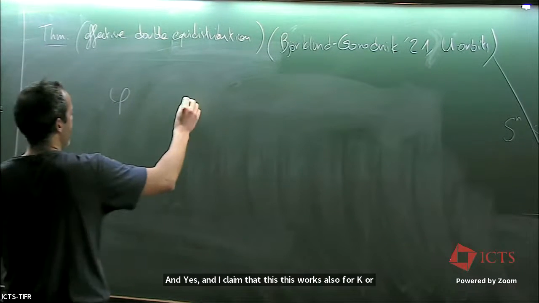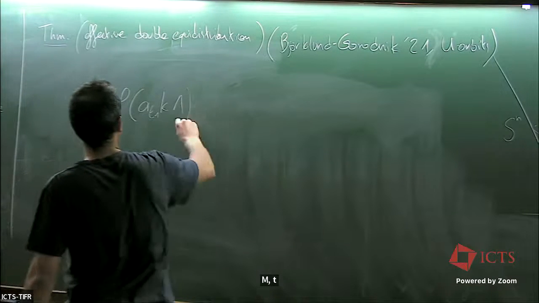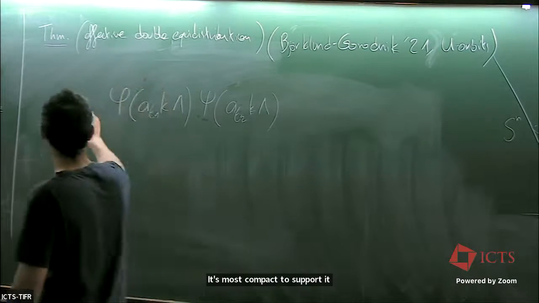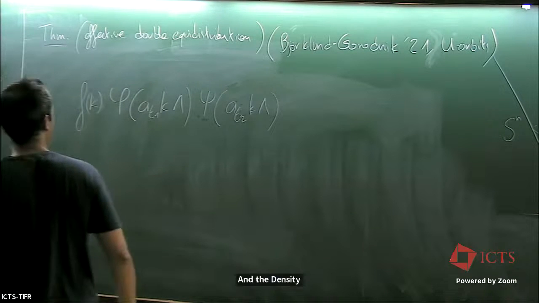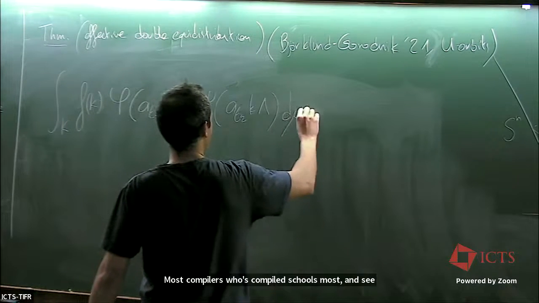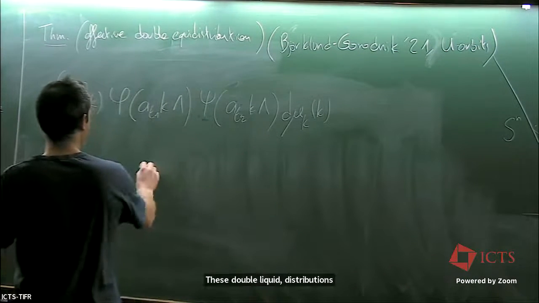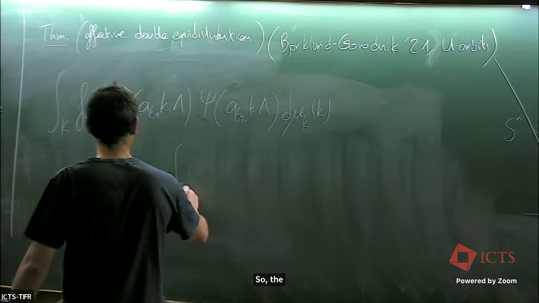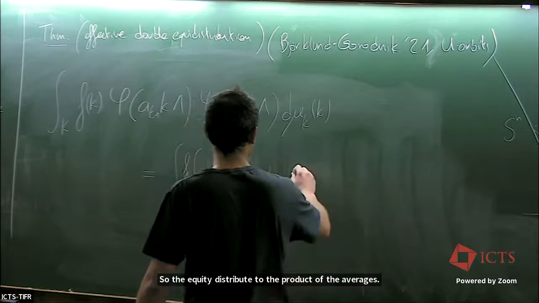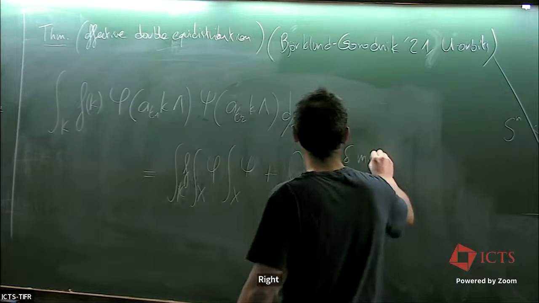So if I take test functions phi and psi, smooth, compactly supported, and the density also a smooth density on K, these double equidistributions equidistribute to the product of the averages, plus an exponential error rate, delta, minimum of these.